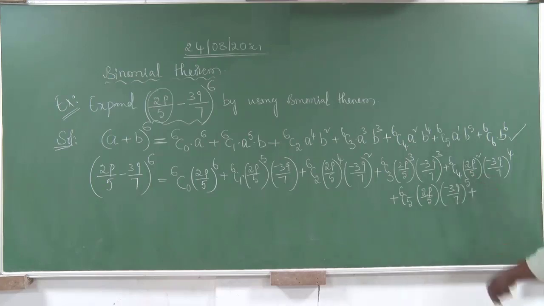Last value, 6c6 into (-3q/7) whole power 6.